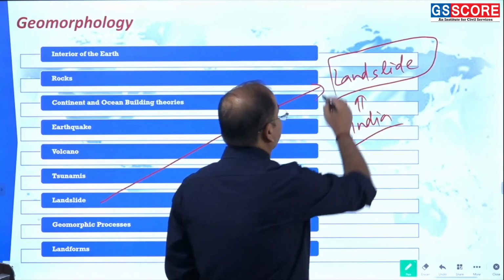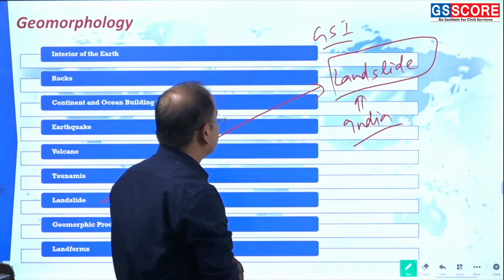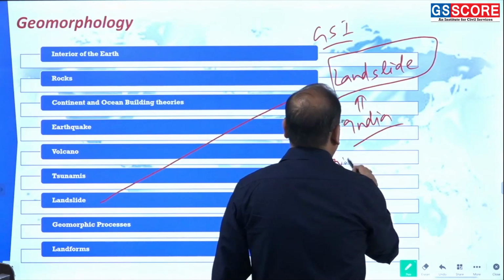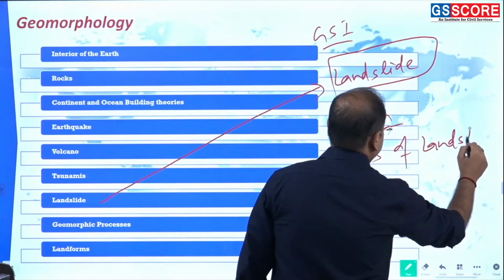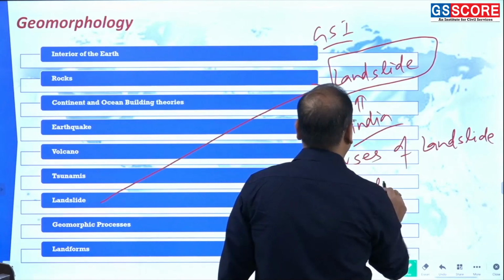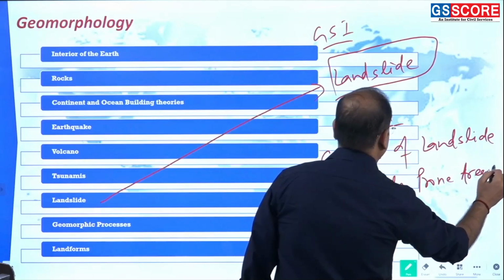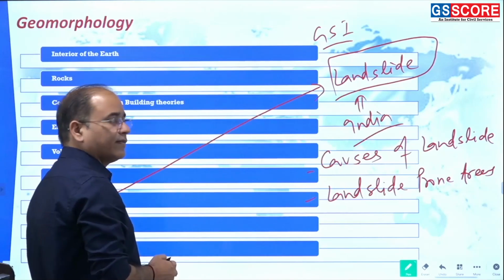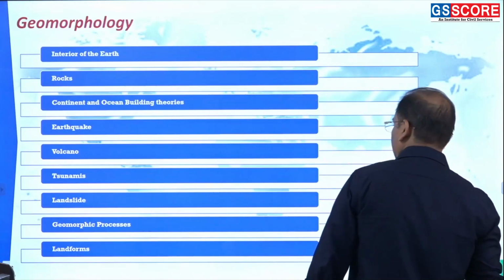And the questions they ask in GS paper 1 are primarily related to India. So in India, where the landslide occurs, causes of landslide, landslide prone areas need to be studied. So causes of landslide and landslide prone areas need to be covered.